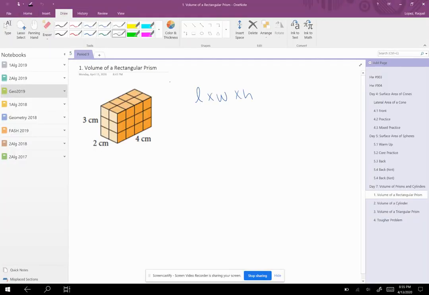So again, this is your area of the base times the height. You can take the base to be anything in a rectangular prism. So if you want, this can be your base, and this can be your height, or this can be your base, and this can be your height, or this can be your base, and this can be your height.